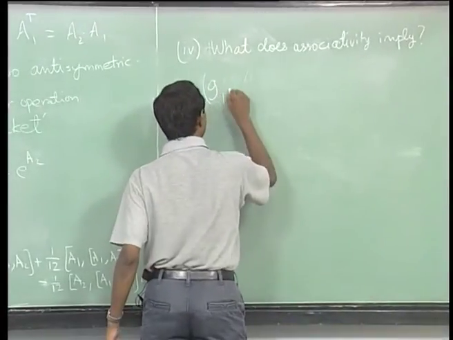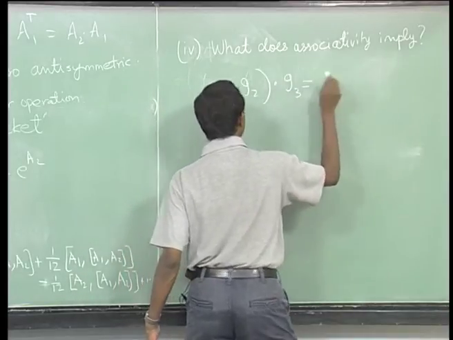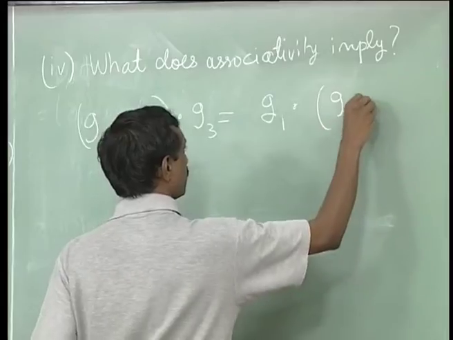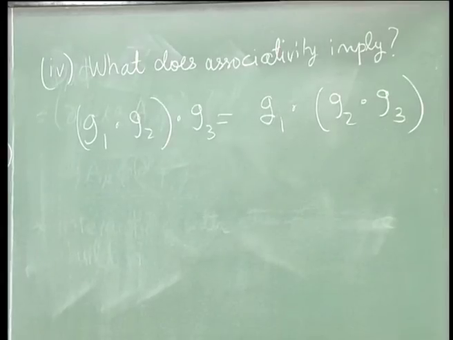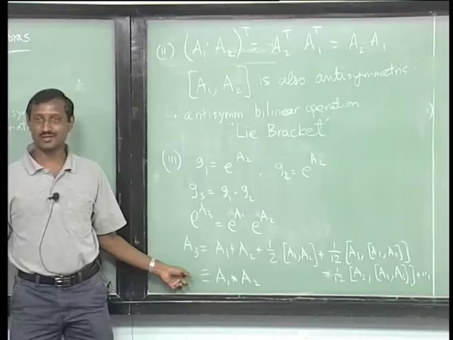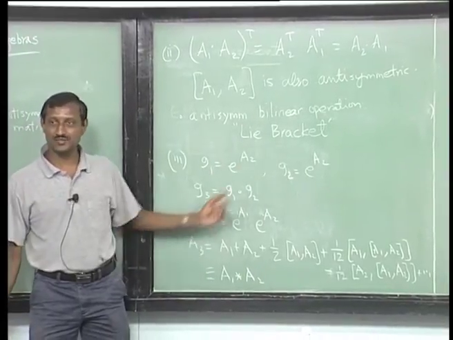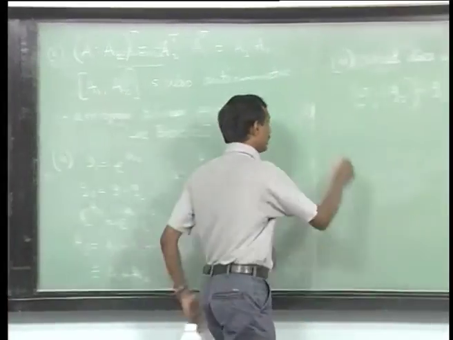You have G1 dot G2, you do it first like this, this should be equal to this at the level of group, and you are given this star operation. So, that tells you how to compose them. So, we already have achieved that. We have to put all these things together and ask what this implies.